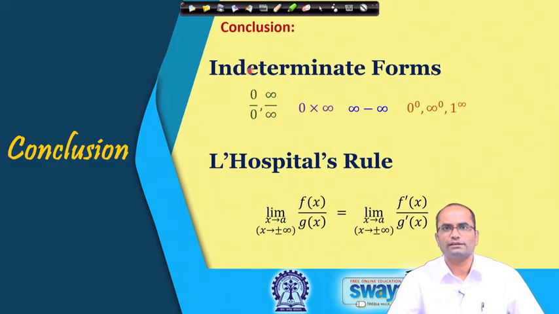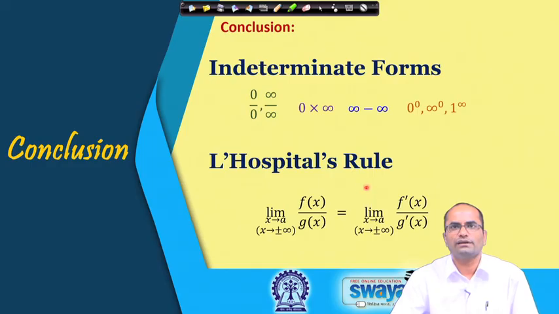In all the cases, we have used the L'Hopital rule, which says that the limit of the ratio of two functions when they go to 0 by 0 or infinity by infinity form will be equal to the limit of the ratio of the derivatives. So, that was a very useful rule, L'Hopital, and we have handled with the help of this single concept all these types of indeterminate forms.